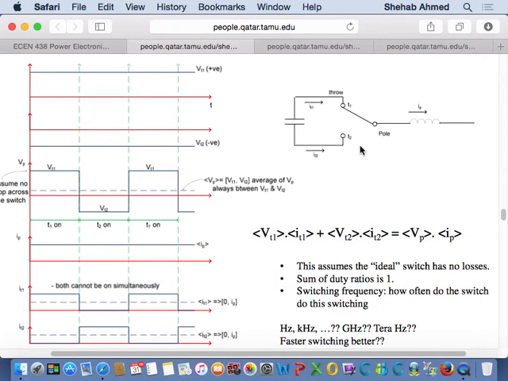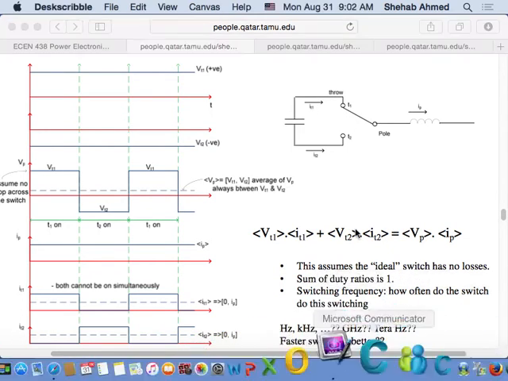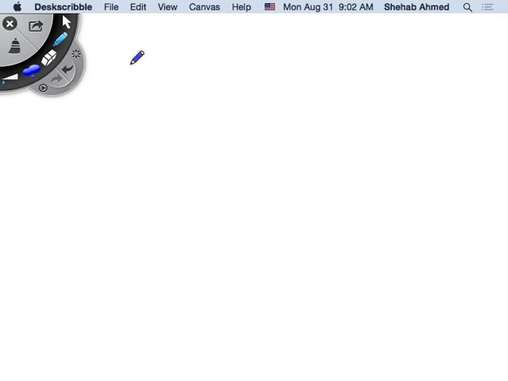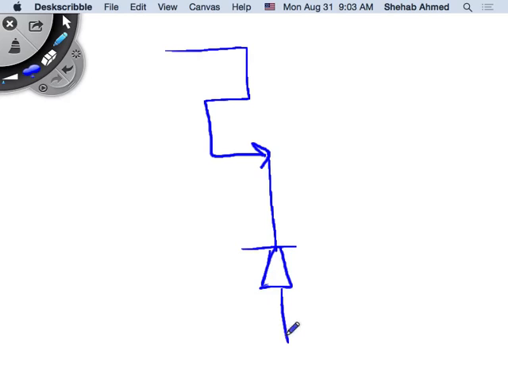I forgot, sorry, I need to draw a line here as well. Should have done it. But now this is my typical circuit, and are these two devices ever on at the same time? They're not on at the same time, right? So I typically have my switching power pole.